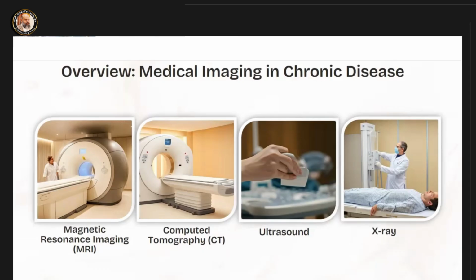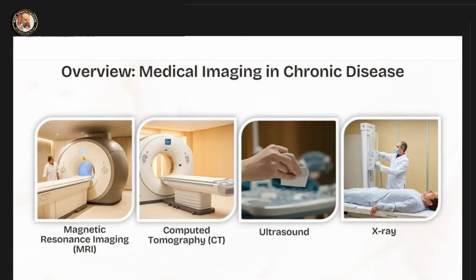MRI, as we know, provides detailed soft tissue visualization without radiation, critical for neurological conditions, musculoskeletal disorders, and cancer staging. CT offers cross-sectional views of the body, essential for monitoring lung disease, abdominal conditions, and vascular complications.